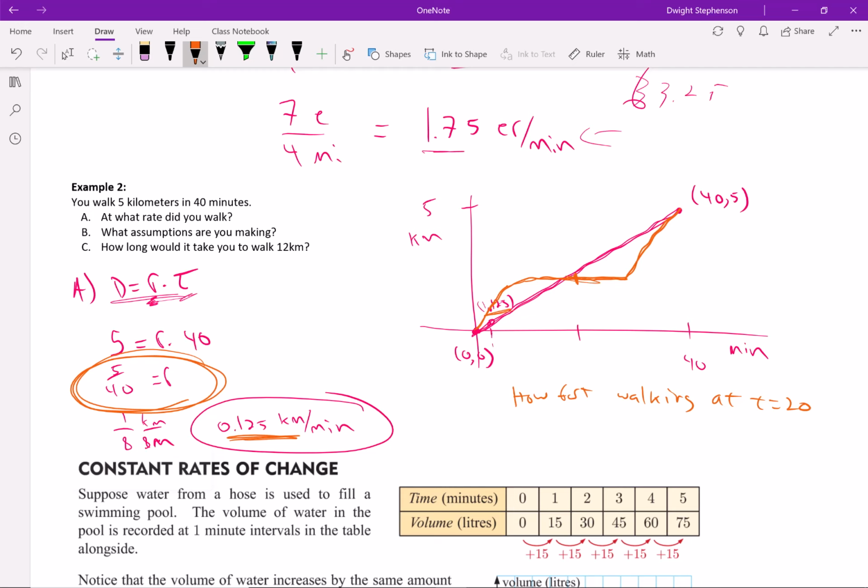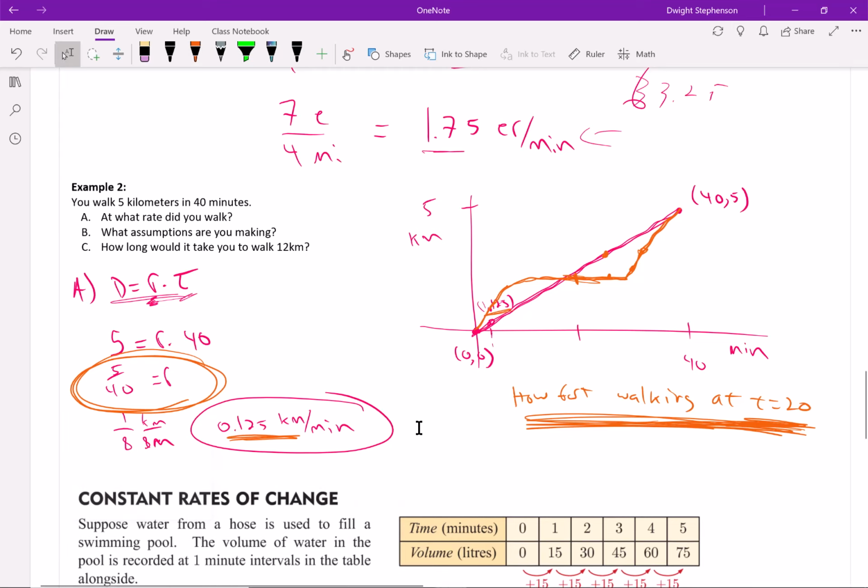Were you stopped at that point? Were you taking a break? Or was it during one of the times when you were walking really fast? So these kinds of things don't allow us to answer the question of how fast I was going at a specific time. It only lets us answer how fast I was going over an interval of time. And that's exactly what calculus is going to help us do. Calculus can help us answer the question of how fast I was walking at any moment in time, at an instantaneous moment in time.